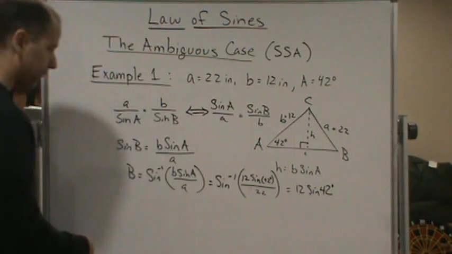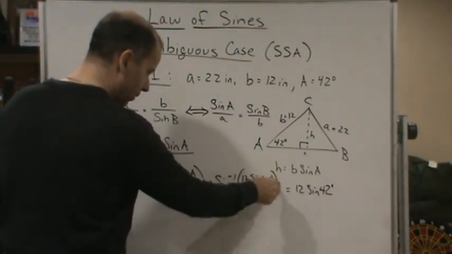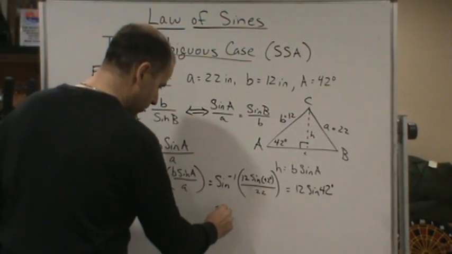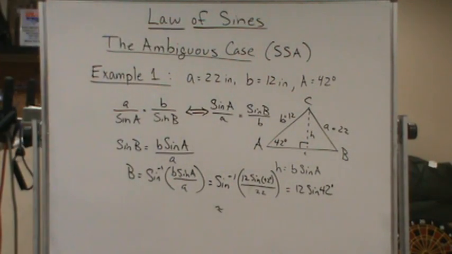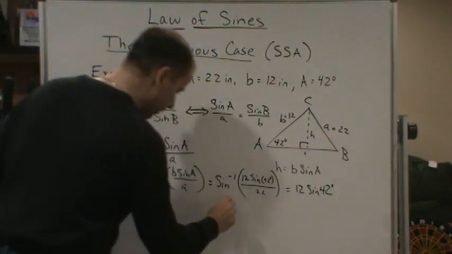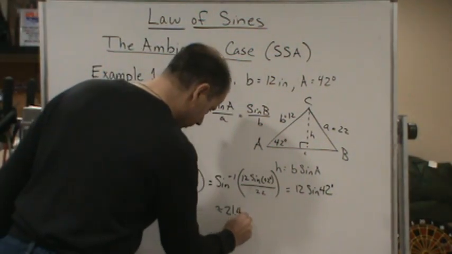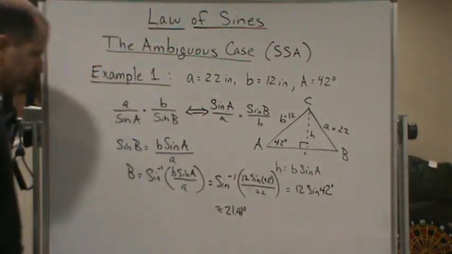And so if you calculate this and then take the inverse sine, you get approximately equal. So the angle B is going to be approximately equal to 41.41 degrees.